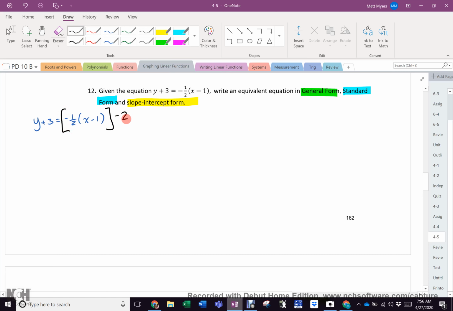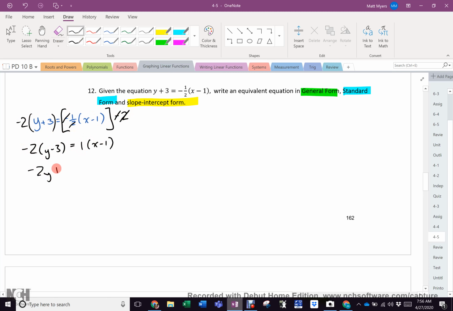So I'm going to multiply this side by negative 2, which means I'm going to multiply this side by negative 2, which is going to get me negative 2 times (y plus 3) equals, the 2's cancel and the negative cancels, 1 times (x minus 1).